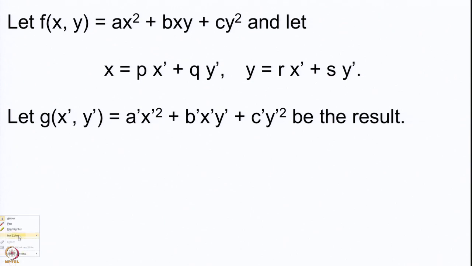We call it g. We have different coefficients now, a prime, b prime and c prime, and we want to explicitly determine how they look, in terms of the earlier numbers that we have introduced.